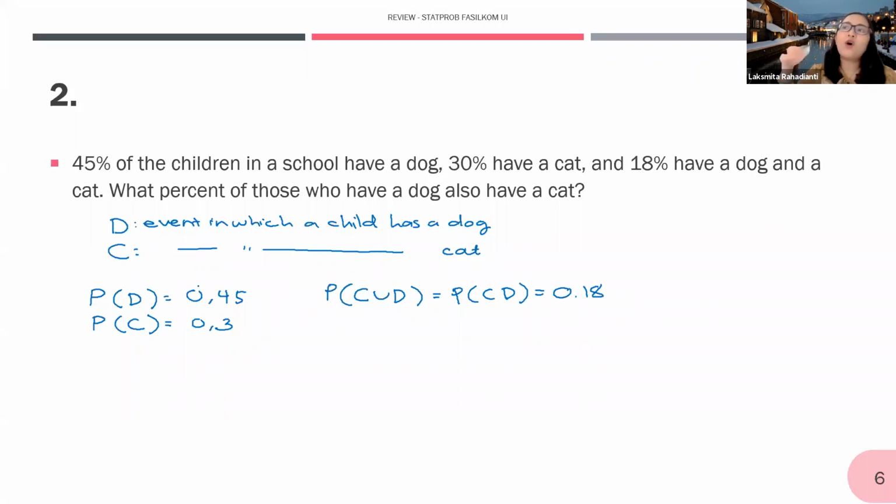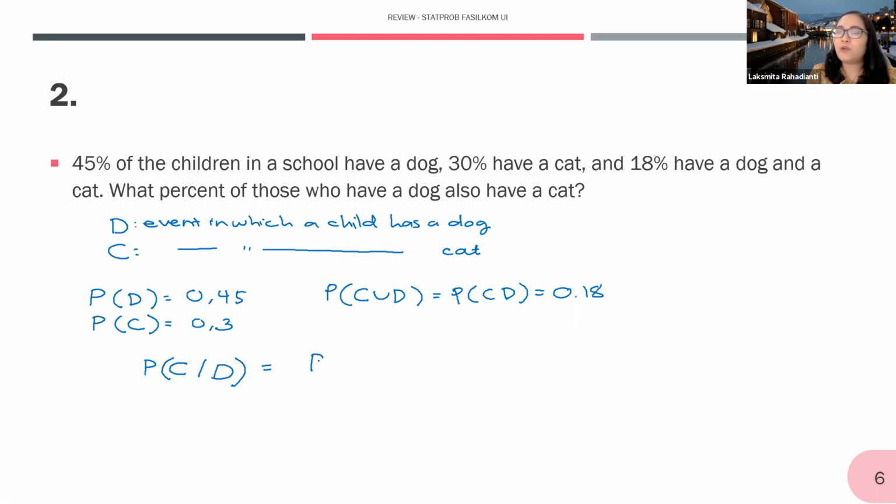The question is, what percent of those that have a dog also have a cat? So this is implied that now I know that they have a dog. What is the probability of them also having a cat? So if you recall, I can compute this using conditional probability. What is the probability of a child having a cat if I know that they are those that have a dog as well?